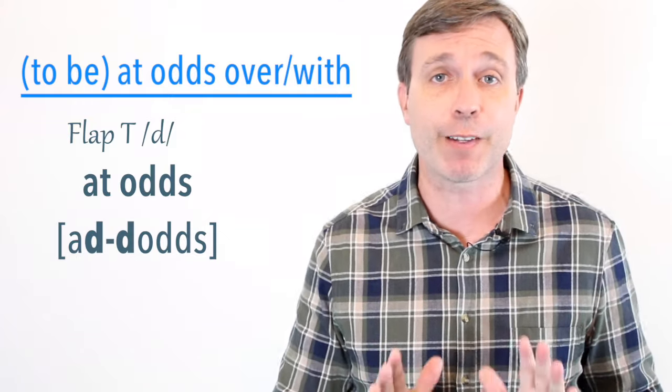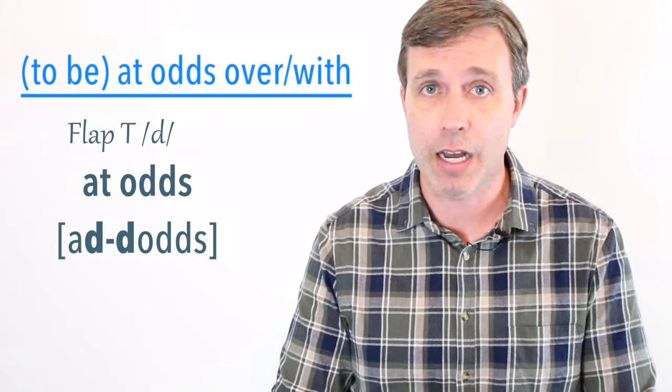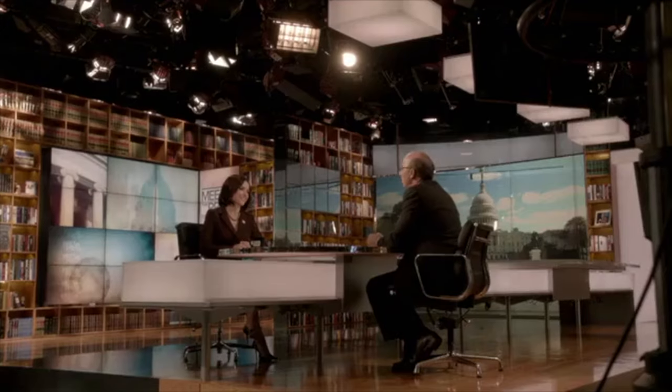So you should hear that flap T, and then it's getting linked with the vowel sound in "odds." I'm at odds with his version of the story. Some people say your immigration policy is at odds with your jobs program. How would you respond to that?